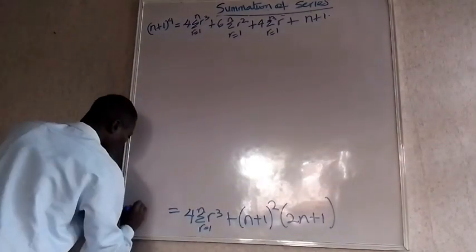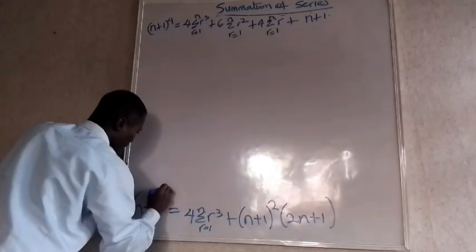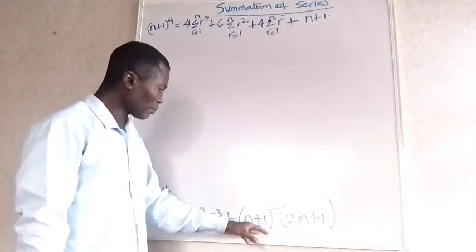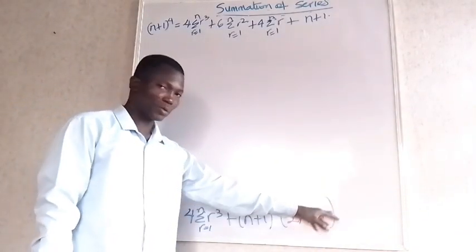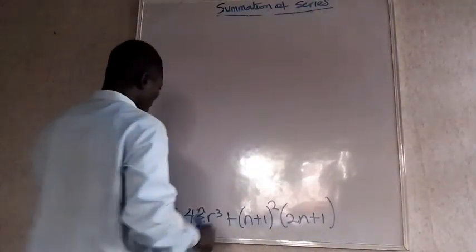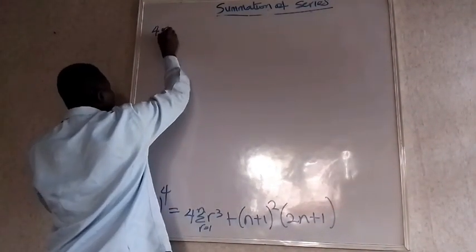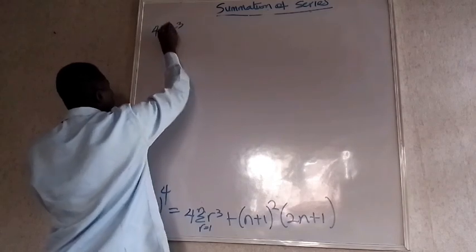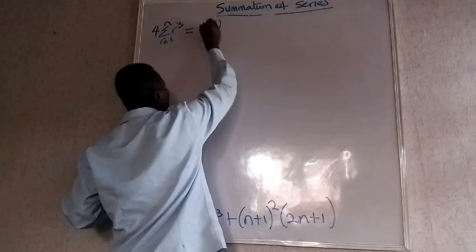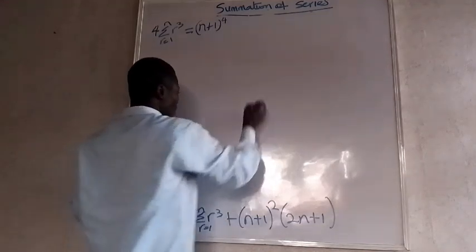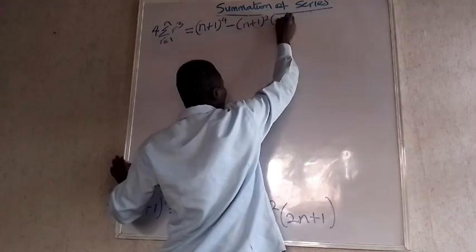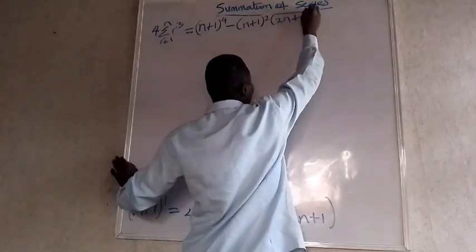So here, n plus 1 raised to the power 4 is 4 summation r cubed plus n plus 1 raised to the power 2 into 2n plus 1. So let's see what it gives. Now, 4 summation r cubed from r equals 1 to n will be equal to n plus 1 raised to the power 4 minus n plus 1 squared into 2n plus 1.